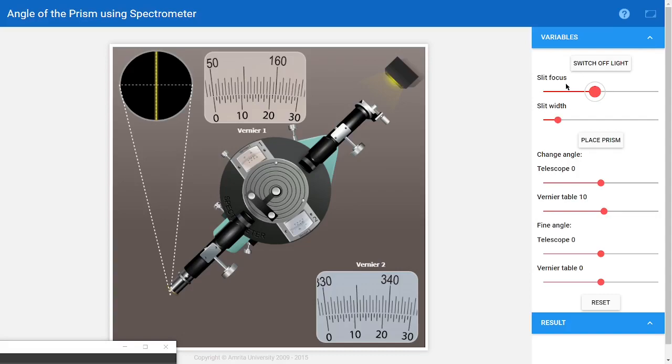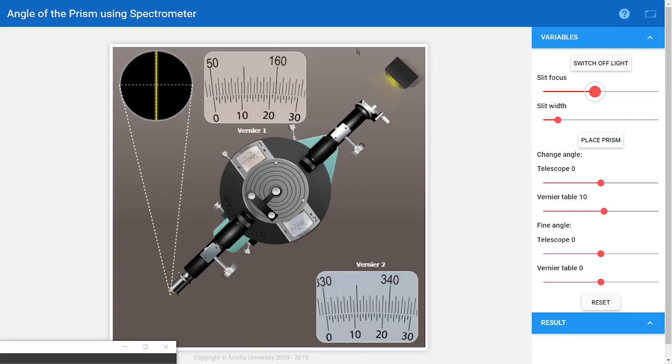We can use this slit focus option. So now my slit is focused. So this is the apparatus. You can see from the top, this is the top view or the bird's eye view. This is the prism table, this is window 1, vernier 1, and this is window 2 or vernier 2. So this is all about the apparatus.